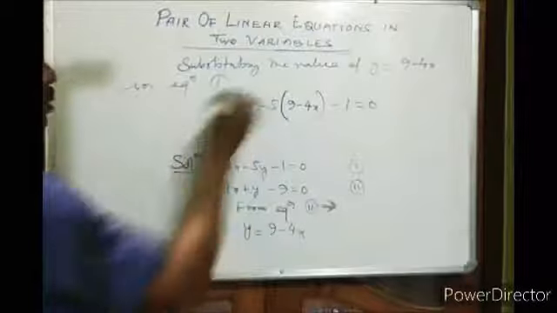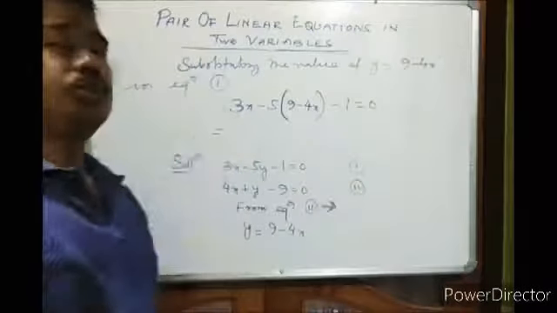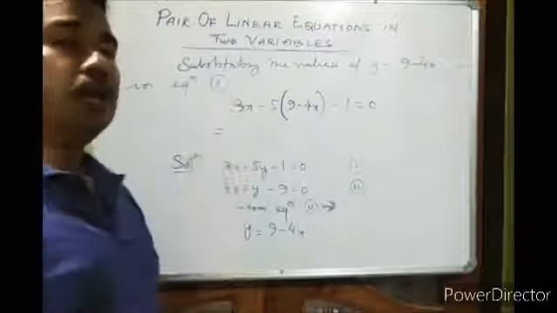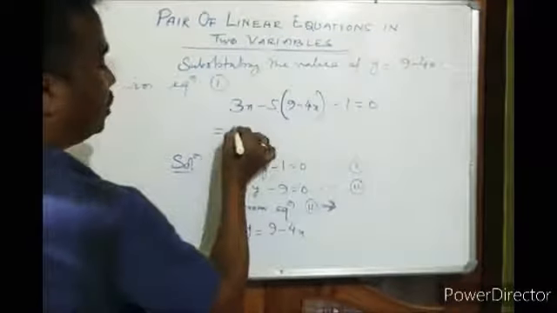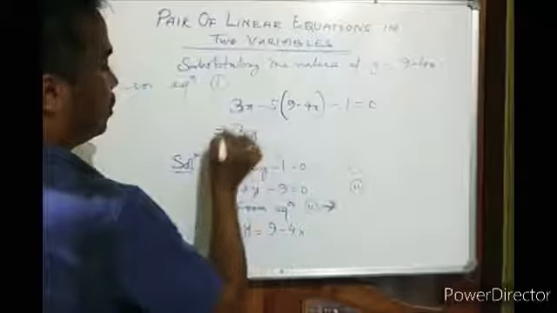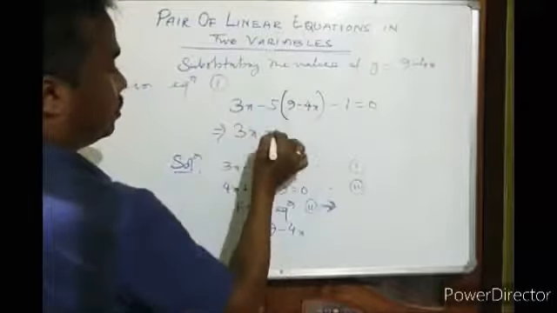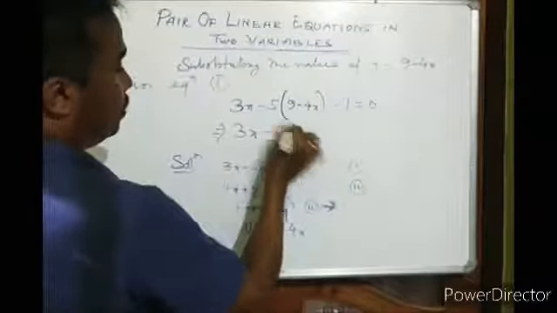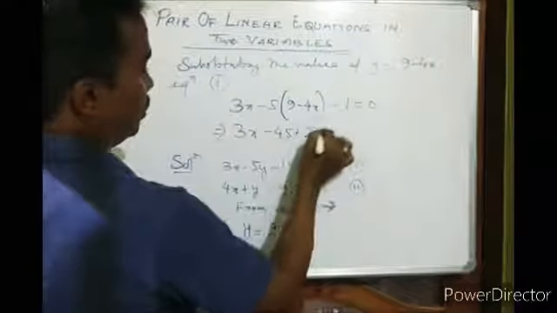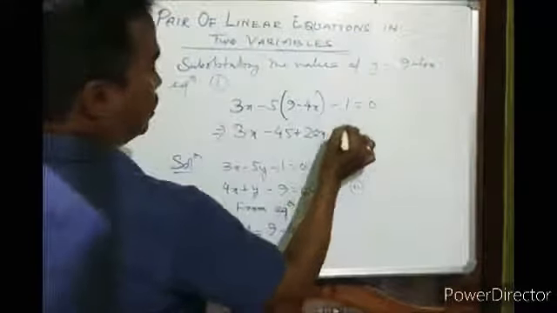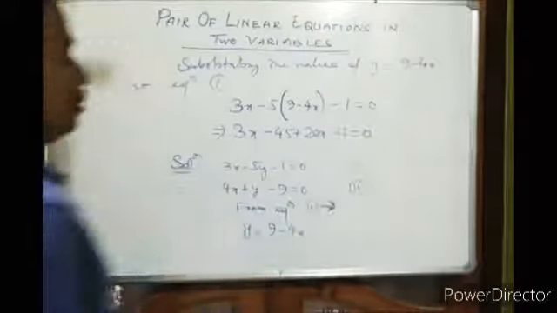Now this has become a linear equation in one variable, which you can solve very easily. So let us solve. 3x minus 45 plus 20x minus 1 is equal to 0.